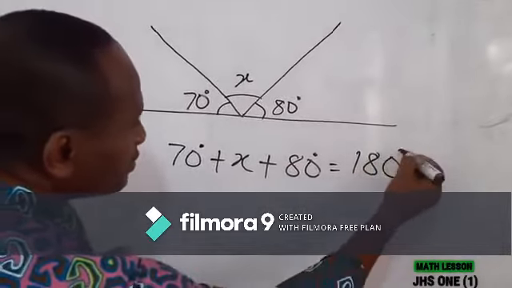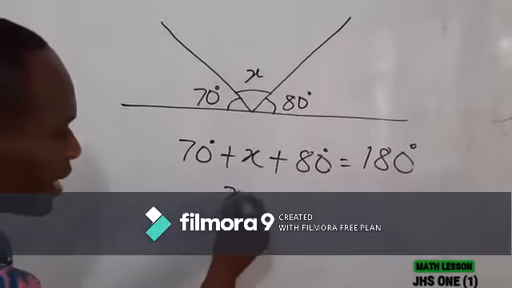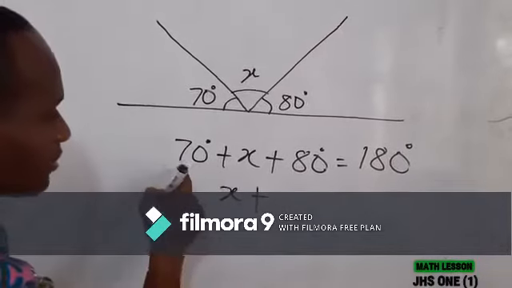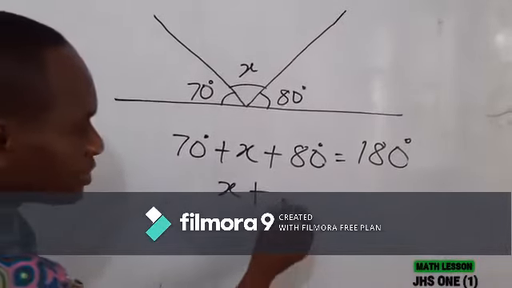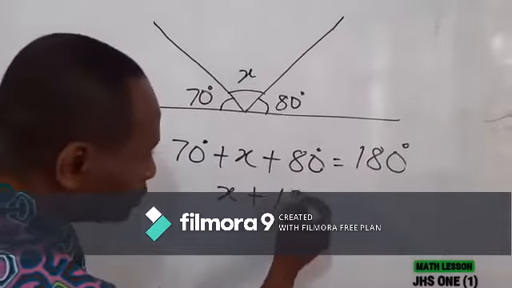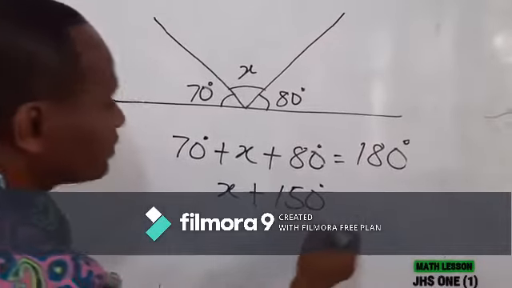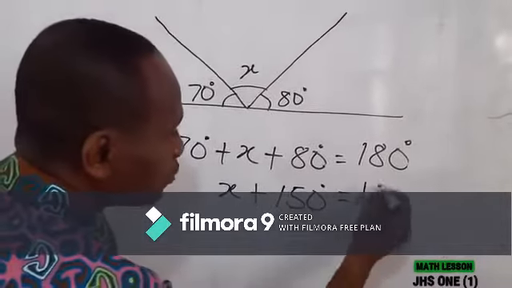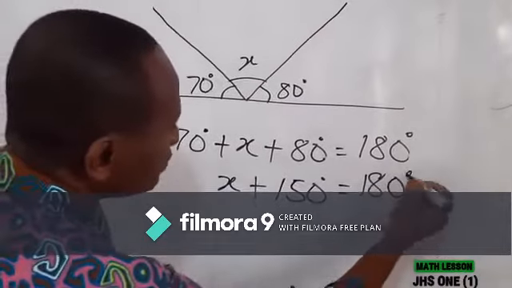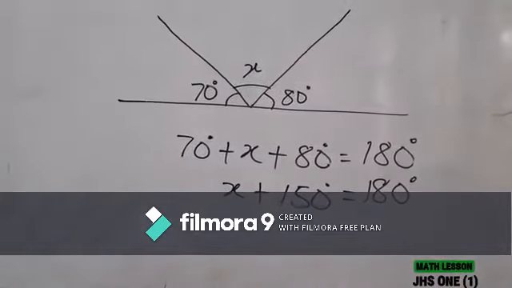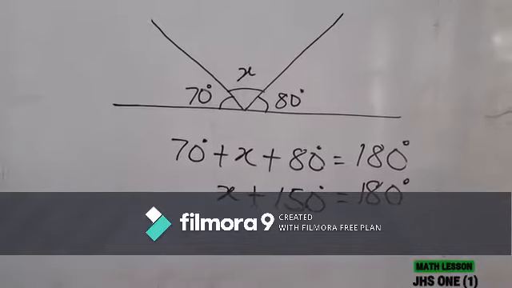Now, if we simplify further, 70 plus 80, you can add these two because this is a variable. So the numbers can be added. So x plus 70 plus 80 will give you what? Good. 150 degrees equals 180 degrees. From this stage, you just group your like terms.